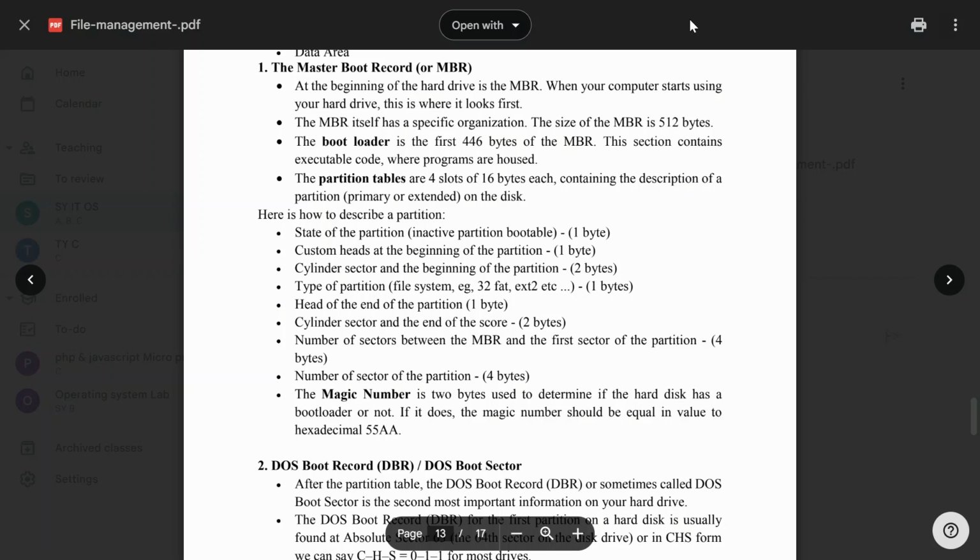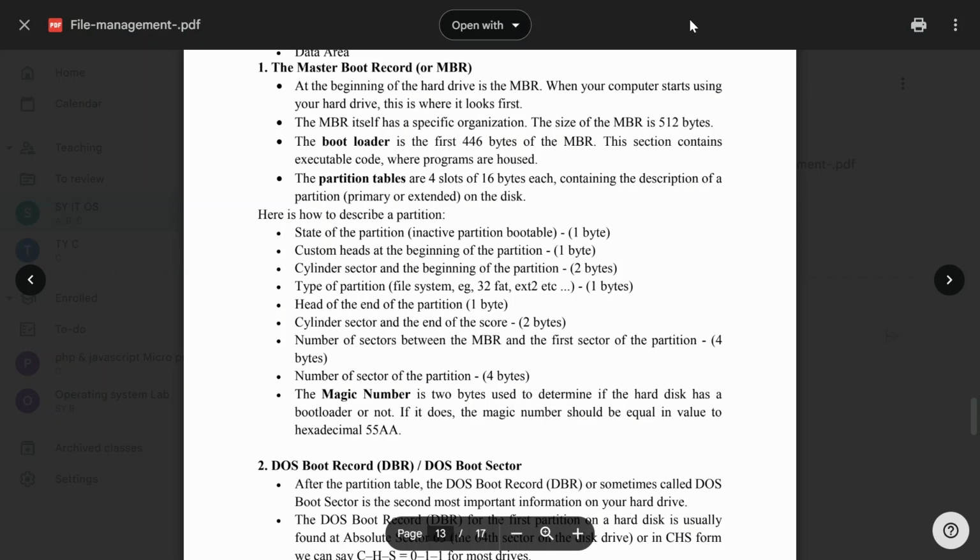This information we are going to store with 1 byte. Next is head at the end of the partition, that we are going to store in 1 byte. And cylinder sector at the end of the partition is 2 bytes. The number of sectors between the MBR and the first sector of the partition is 4 bytes. Number of sectors of the partition, 4 bytes. This is about the 16 bytes.